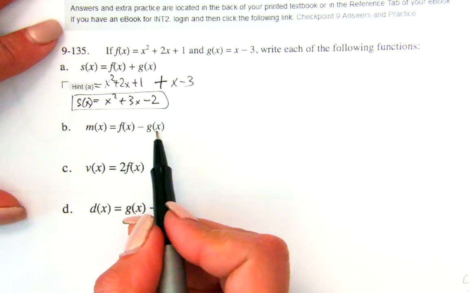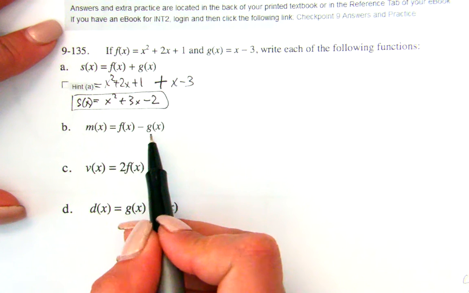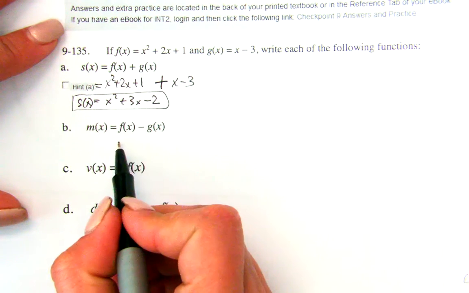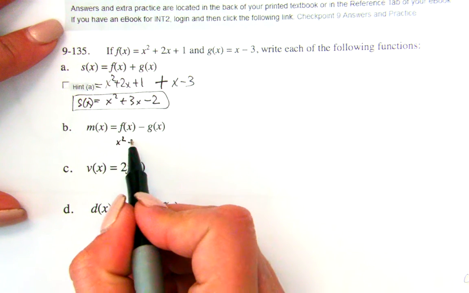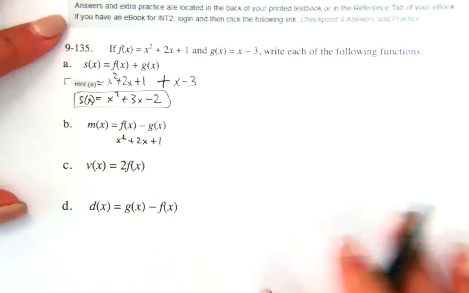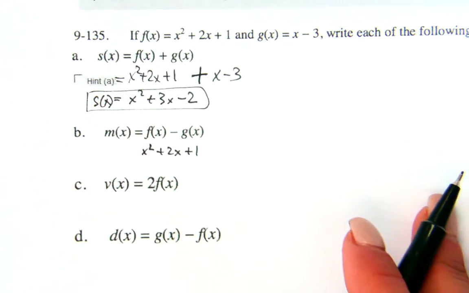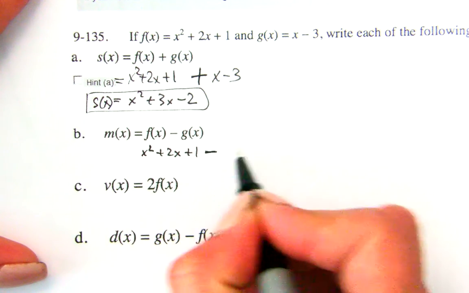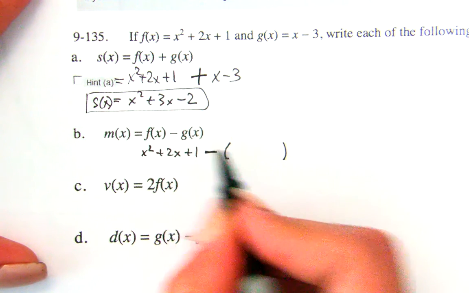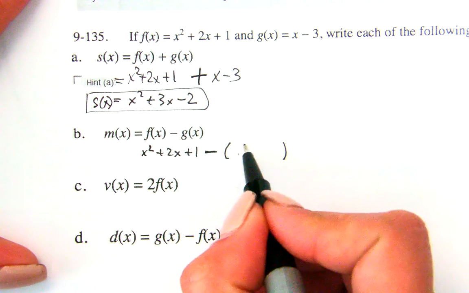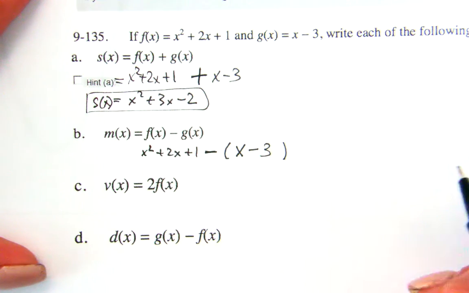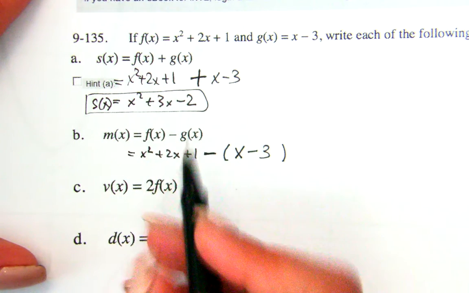Done. Now subtracting, the problem with subtracting is people always forget the parentheses. We have x squared plus 2x plus 1 minus everything that was g of x goes into the parentheses. And this is where people typically lose points.